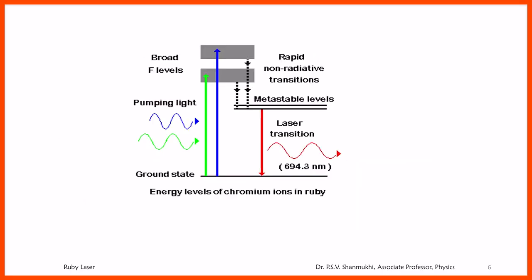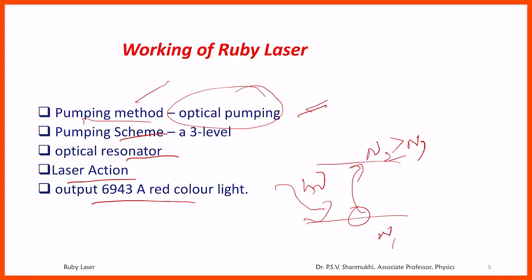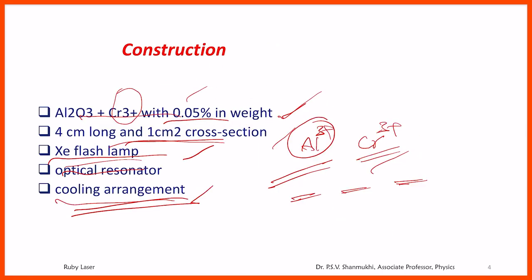Observe this energy band diagram. In the ruby material, aluminum ions, chromium ions, and oxygen O2- ions are there. The oxygen ions are inert and the aluminum ions are a little massive.